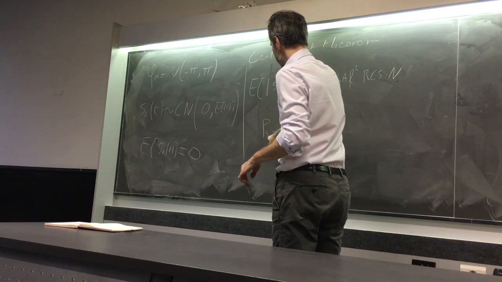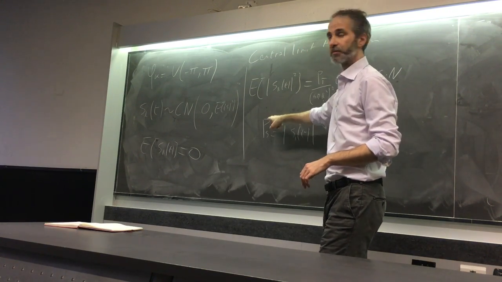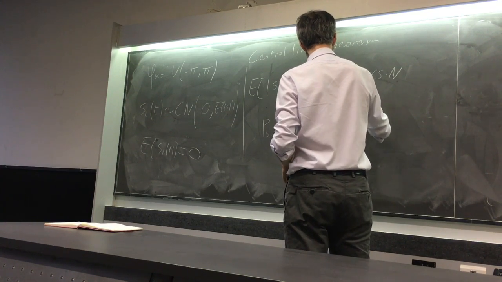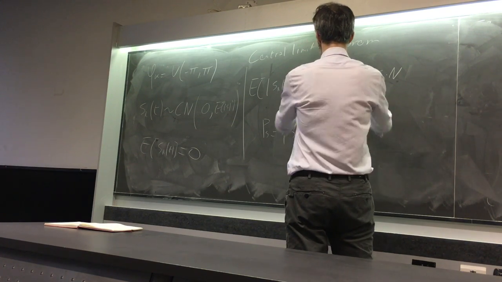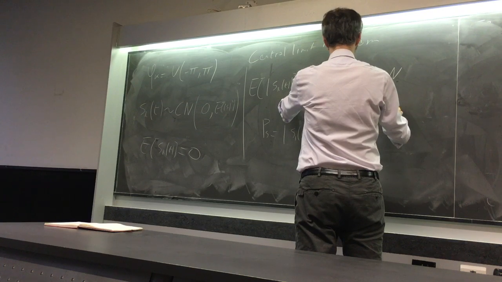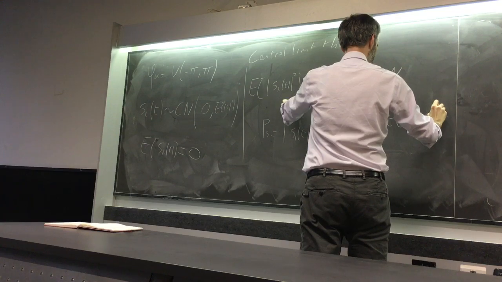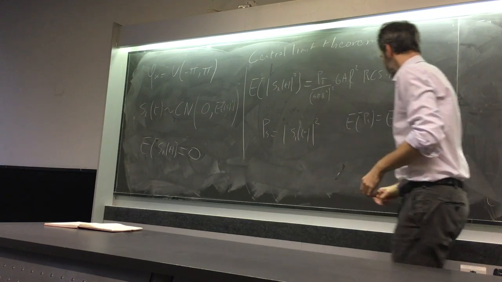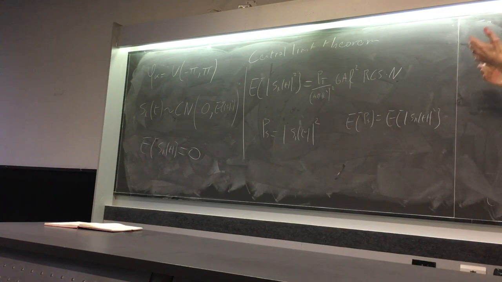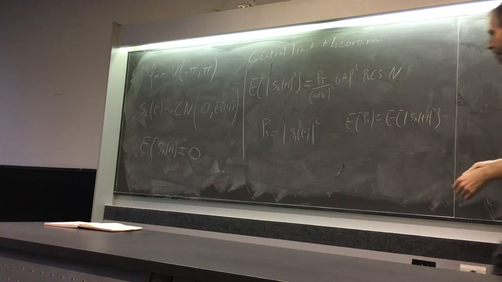So PS is another random variable. Of course, the expected value of PS is this one. And so in average, this is the power of your signal.